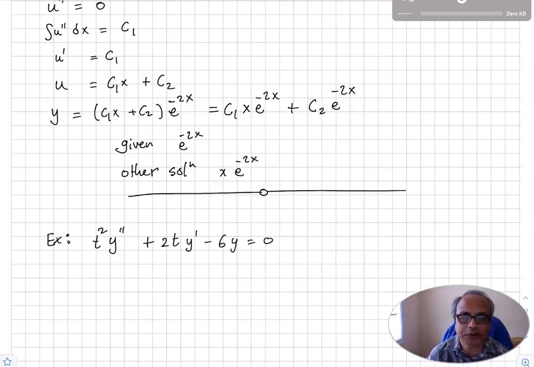So in this example, we are going to assume that y is a function of t, and first derivative is a differentiation with respect to t. Second derivative is also differentiation 2 times with respect to t. And we are going to assume that we know a solution which is t square. And see, this one is a second order differential equation with variable coefficient.